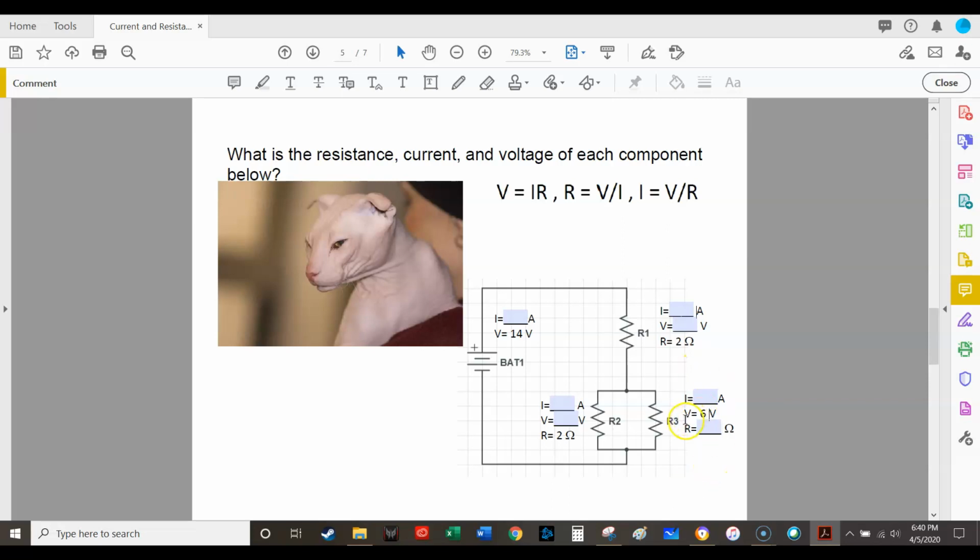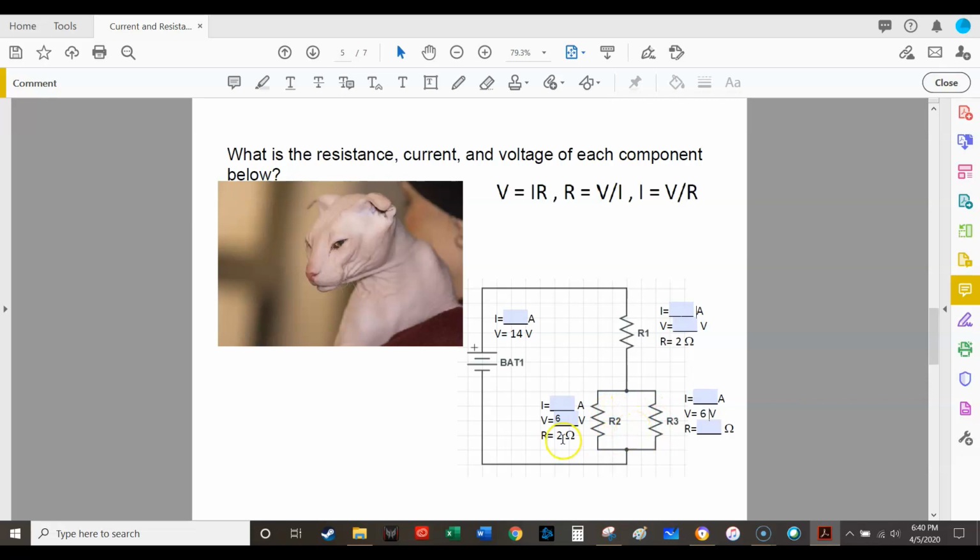Well, we know the voltage of R3 is 6 volts, and it's in parallel in this little small loop with R2. If this is 6 volts here, R2 has to then be 6 volts. So I'm going to go ahead and type in 6 volts right there. Okay, and that's the little loop rule.